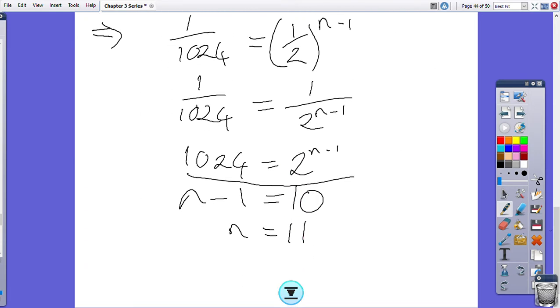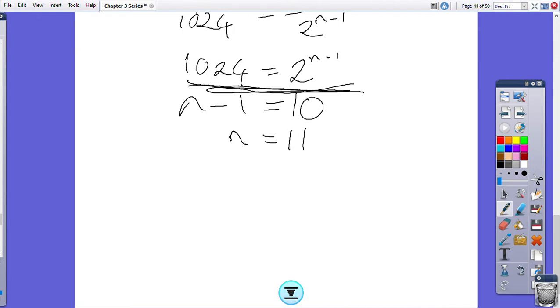Like I say, if you don't spot the n minus 1 is equal to 10 thing, you can do that through logs, and I've done plenty of examples where we've done that. Anyway, right, okay, let's just work out the sum of the 11 terms.